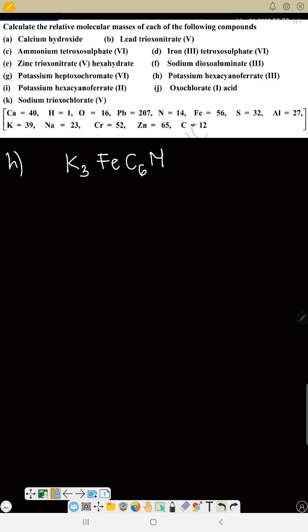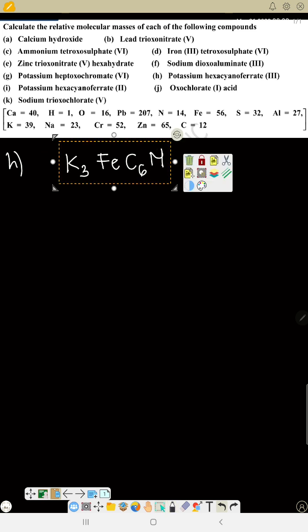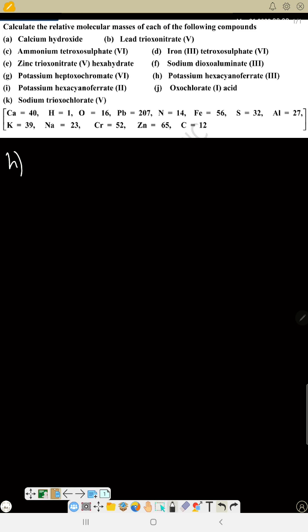Let me write it out for you. So potassium is K, then cyano is CN, and hexa is 6. So that's it.